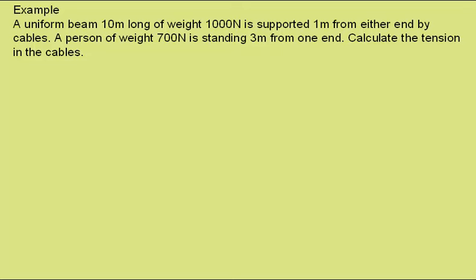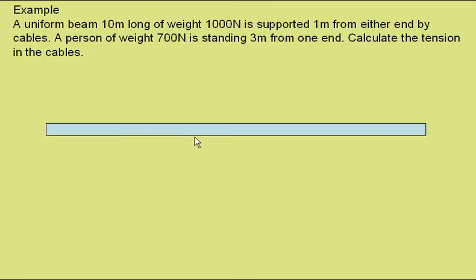Well, firstly we need a clear diagram. So here I have my 10 metre beam, and the cable acting here will have tension T1, 1 metre from the end. The cable acting here has tension T2 and is 1 metre from this end.